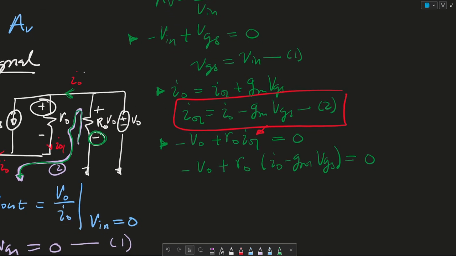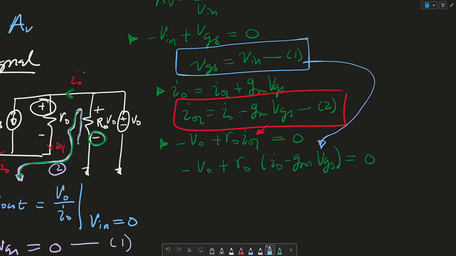And we also know that VGS is equal to Vin from my equation 1, so I'm going to plug VGS in here. And we're left with minus VO plus RO. I'm going to distribute the RO. So RO IO minus RO GM Vin, which is equal to 0.